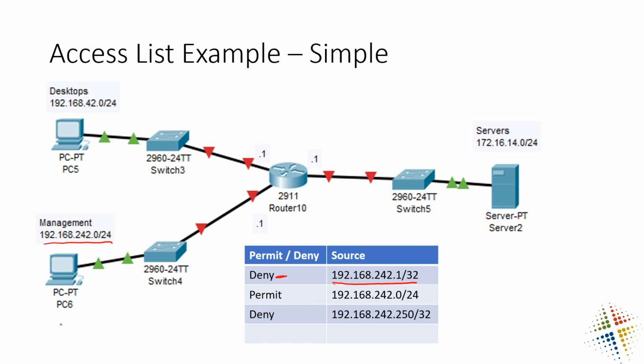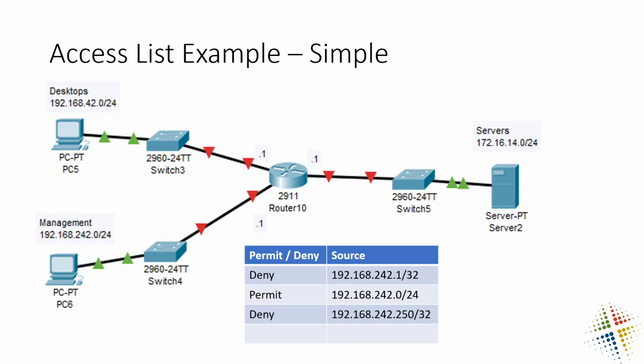So if this guy was the .1 address and was trying to send information up to the router, it would hit this line on the access list and would get denied. And that's how it works. It looks through the access list and says, does this match what's on my list? If so, I'm going to do what's in either the permit or the deny column.